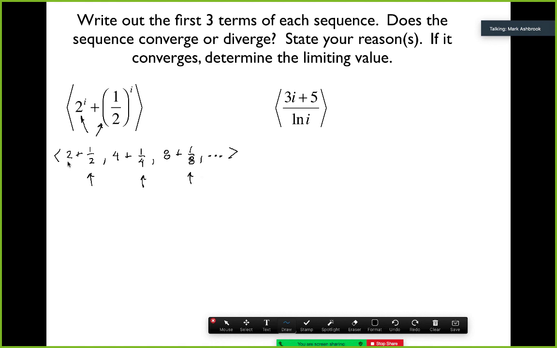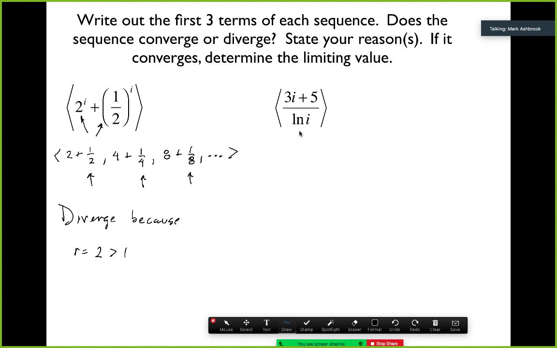We're still going to be having these 2 to the i's. So it's going to diverge because r equals 2, greater than 1. And adding on a series that converges isn't going to help anything, right? That's not going to help anything.